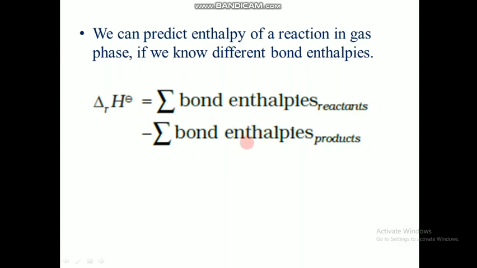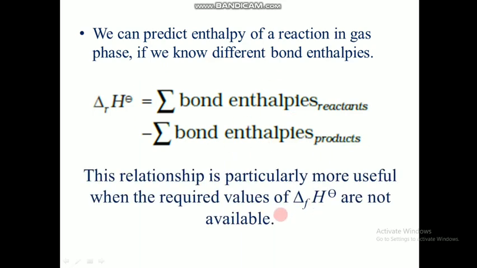We have another kind of equation, where we were substituting enthalpy of formation. The standard enthalpy of reaction was equal to the summation of standard enthalpy of formation, delta Hf, of products minus that of reactants. That equation we know.